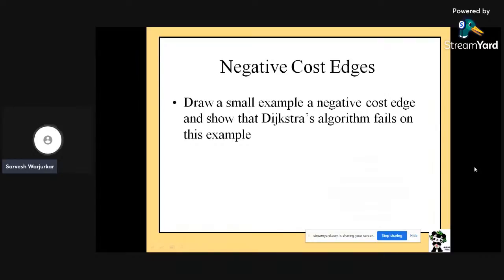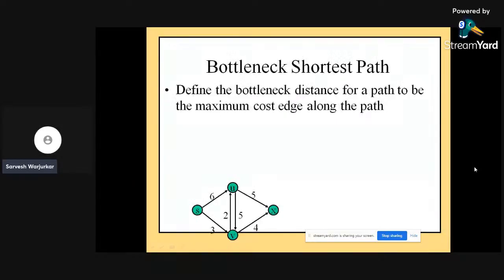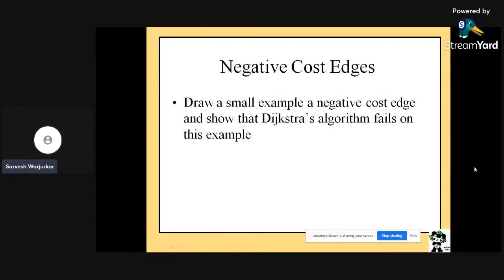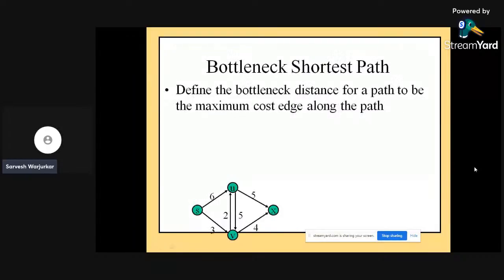Draw a small example of a negative cost tree, where yes, negative cost matters like this. The bottleneck problem, yes, you can solve this particular problem as a part of classwork. This is an example where the algorithm can fail. But define the bottleneck distance for a path: you need to find the maximum cost edge along the path.